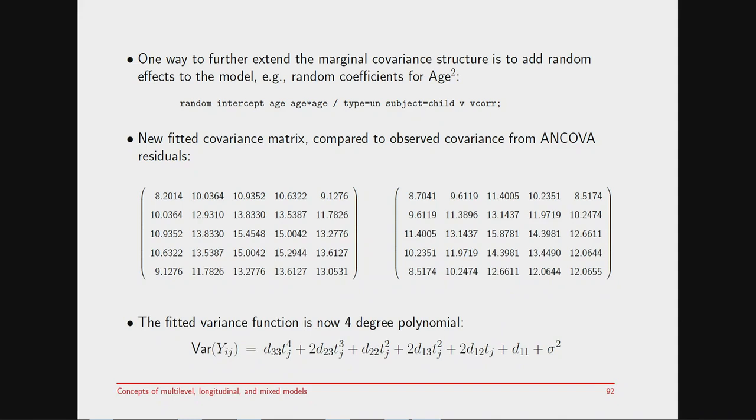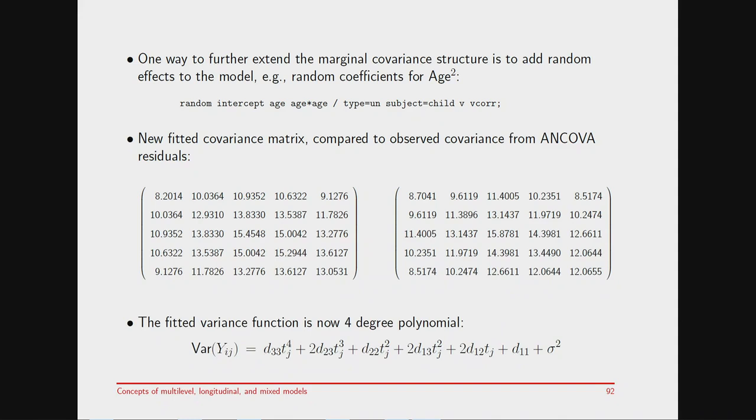And then you can say, I don't need that quadratic term for the fixed part, but maybe I need it for the random part to get a more flexible model for the variance function and for the covariance structure.